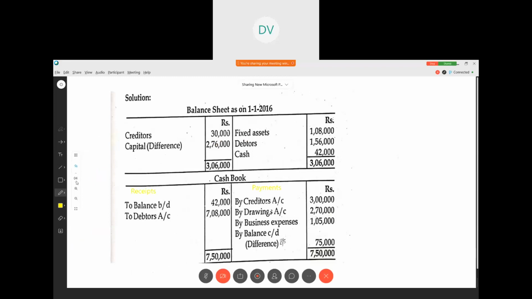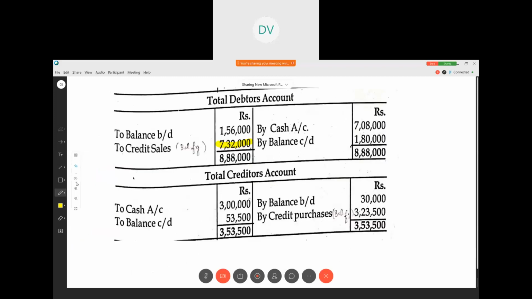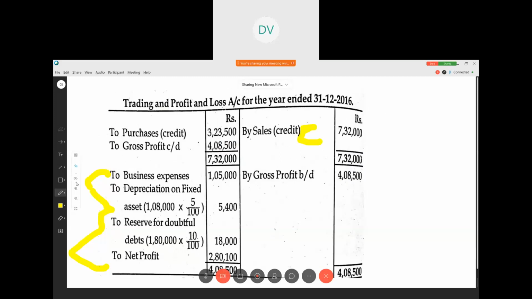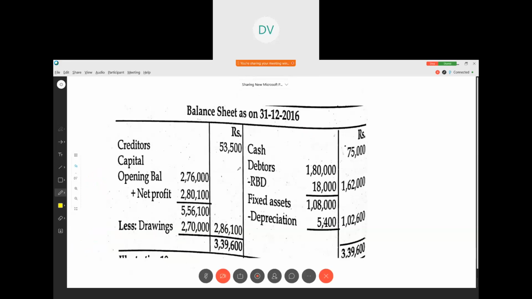And remaining everything we have to write. Opening balance and whatever adjustments are there, no? So we take this and write the net figure. So debtors opening balance is there, reserve for bad debts. In the profit and loss account, we prepared this net figure. Fixed assets less depreciation. Clear? So creditors. What is this creditors? Closing balance. Always, because this is the closing balance sheet, so always we have to write closing balance.